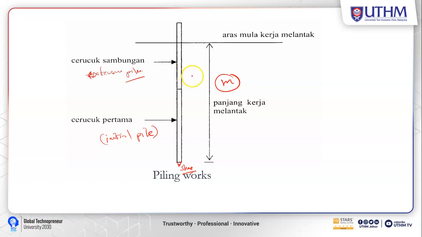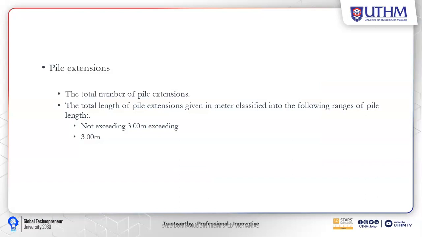For the contractor, they will always follow the construction drawing, and also the advice of the consultants. So the pile extension is the same as the initial, and sometimes they do not exceed 3 meters.